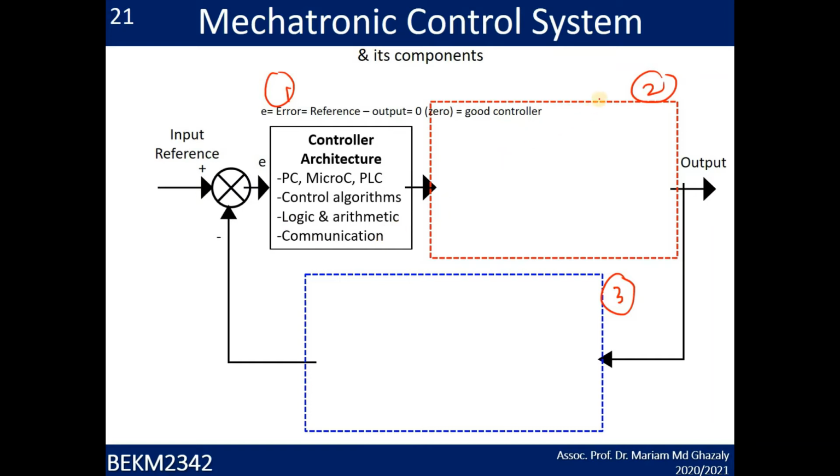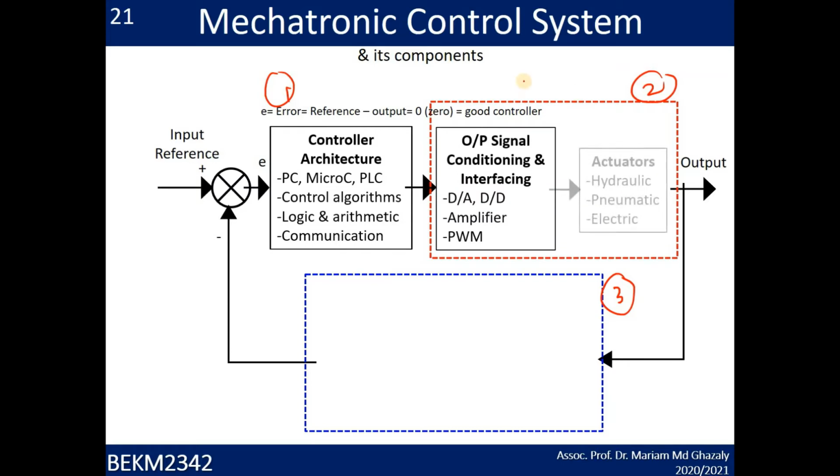Okay, and in the second column you are going to have the actuation system. You have types of actuator: hydraulic, pneumatic, electrical. In combination with the actuation system, normally you will have signal conditioning.